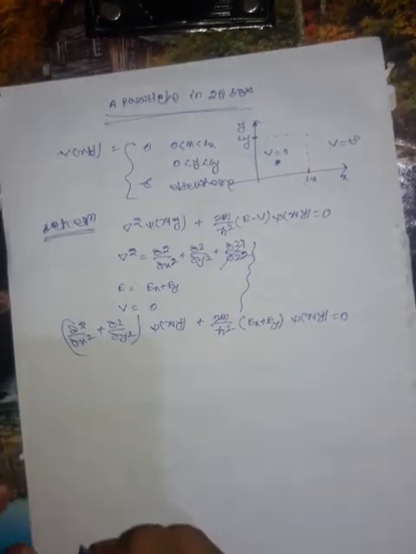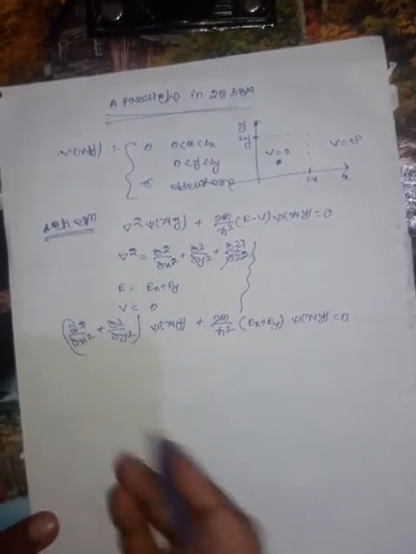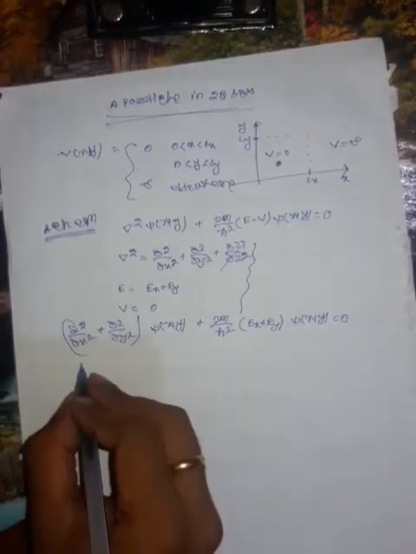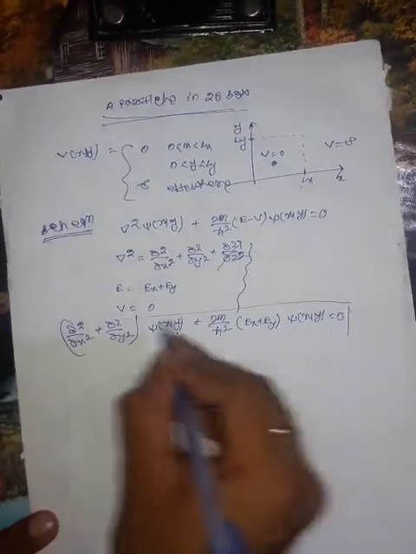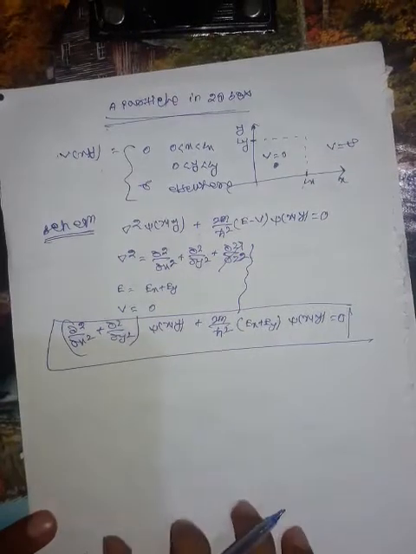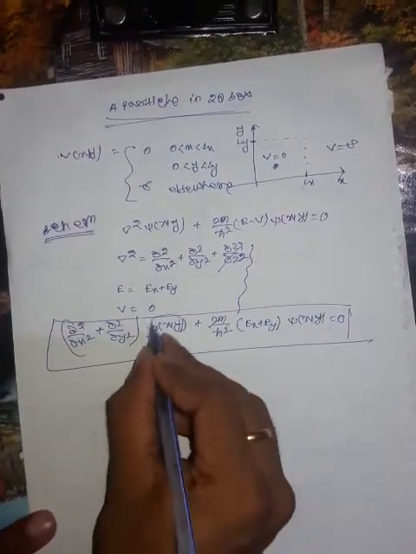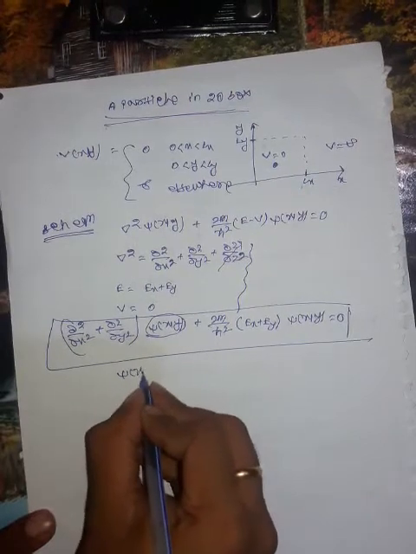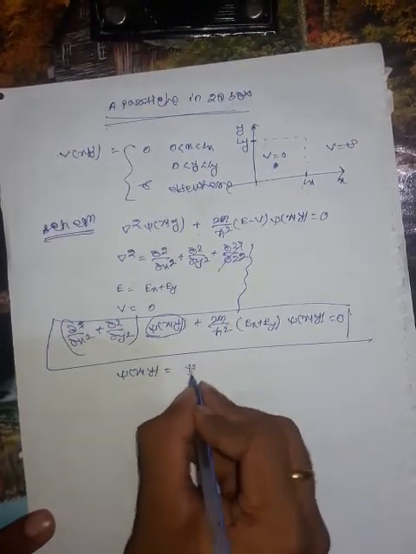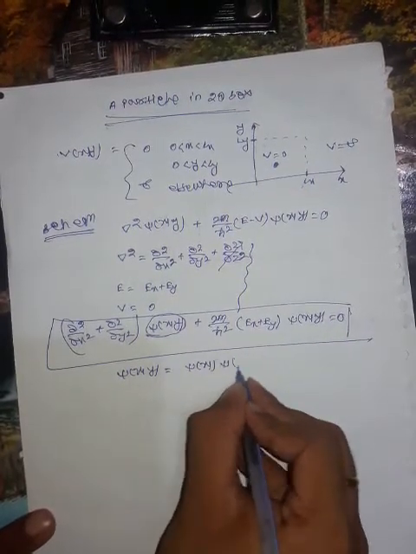This equation can be written in this form. Again we can solve this Schrodinger equation by the variable separable method, so the wave function psi of xy can be written as psi of x into psi of y.